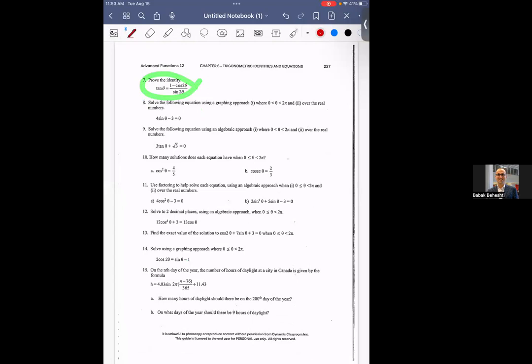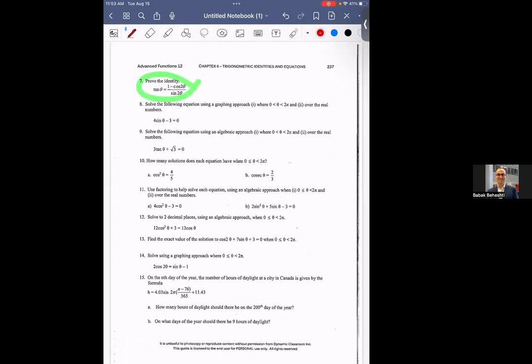Nine, for example, and 10 on this page. Question 9 says that you have to solve this equation. First, assume that theta is between 0 and 2 pi. Then you can assume that over the real numbers, so theta can be anything.